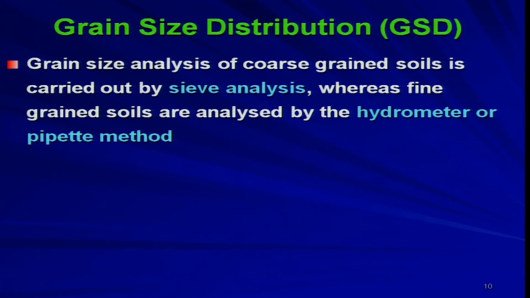Just for continuity, if you have the coarse grained soil, then you will go for sieve analysis to get the grain size distribution of the soil, whereas fine grained soils are analyzed by the hydrometer or the pipette method.